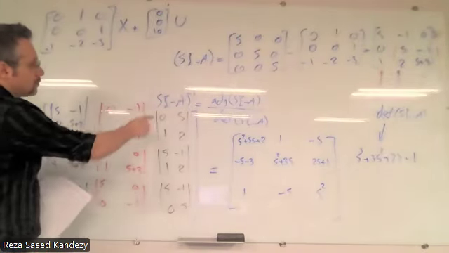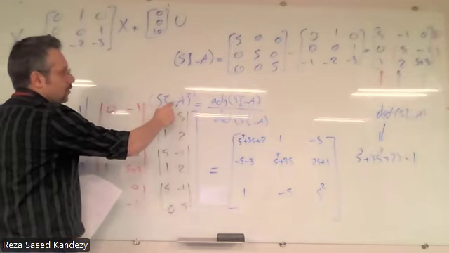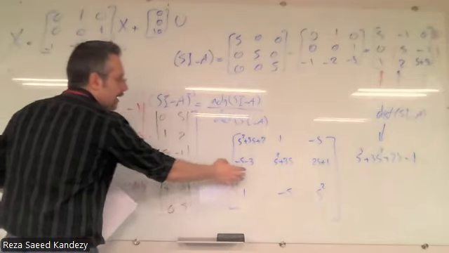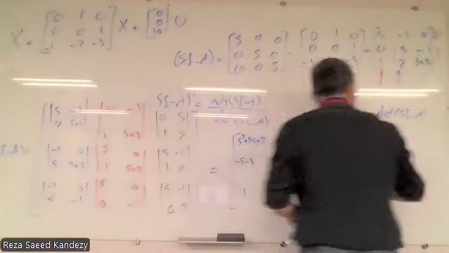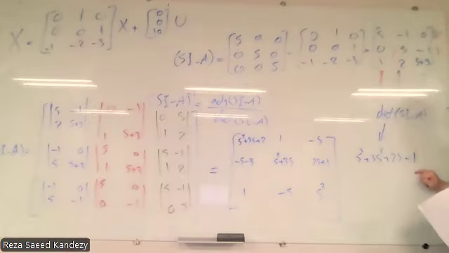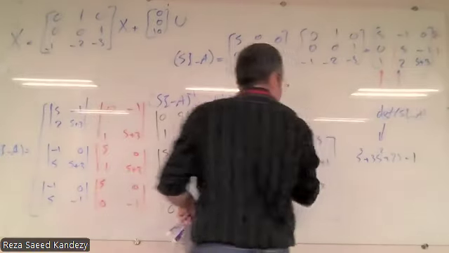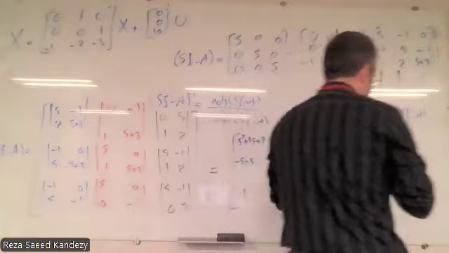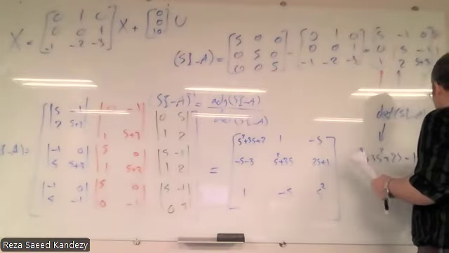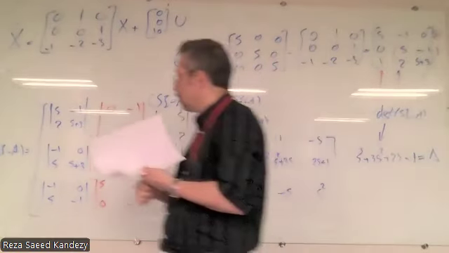Okay, now we said SI minus A inverse is that matrix divided by the determinant. So basically, it means each component is divided by that. Let's call this delta because I don't want to write it down every time.